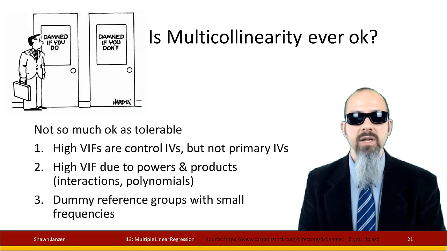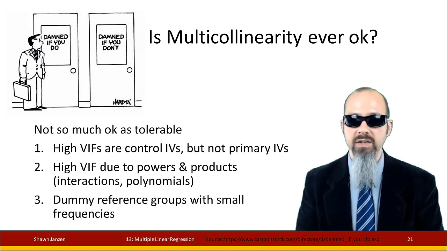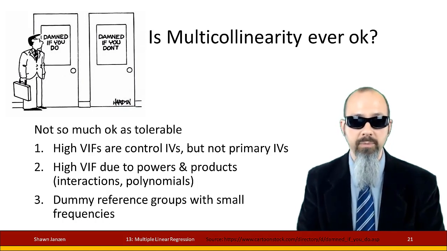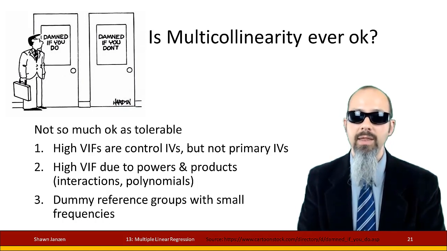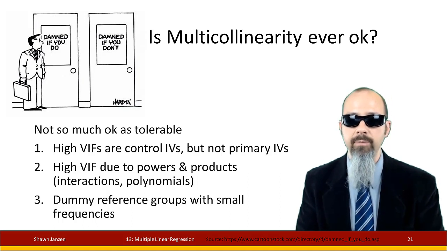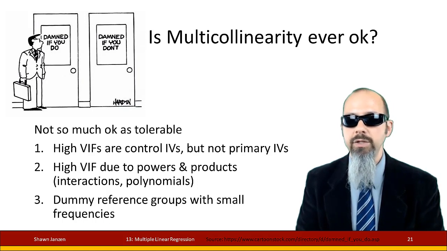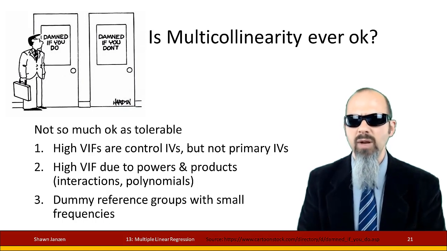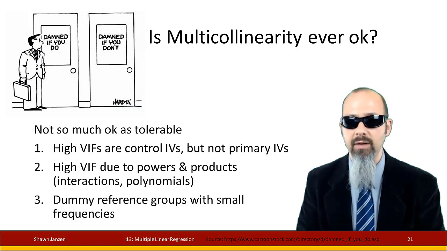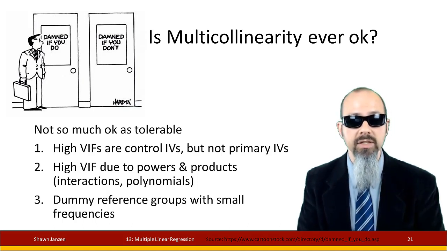And the last one was the dummy variables with the reference groups. Now, if you're getting high VIF scores because you don't have a reference group at all and you've plugged in every dummy you could, then that's a problem and we need to fix it. But it's an issue that can also arise by choosing a reference group that has a relatively small frequency count relative to the size of the other dummy variables in the model.